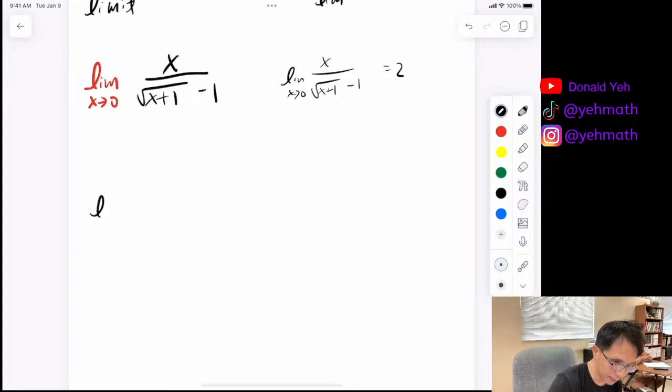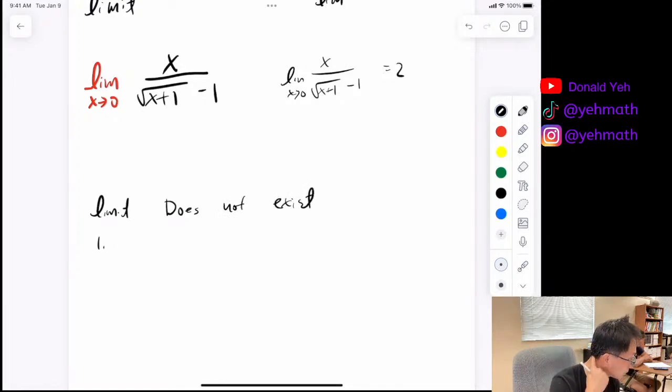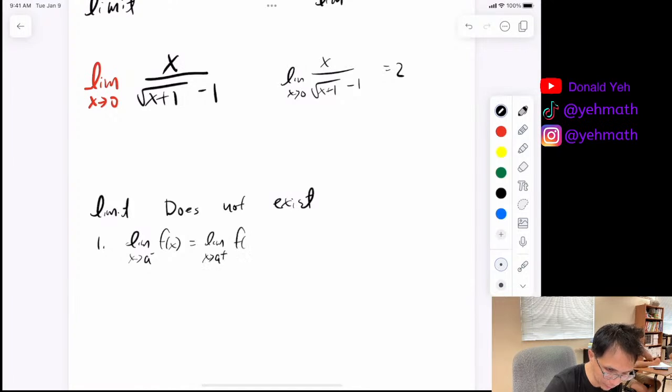Okay. Limit does not exist in 3 situations. 1. The limit as x approaches a from the left of f of x does not equal the limit as x approaches a from the right of f of x.